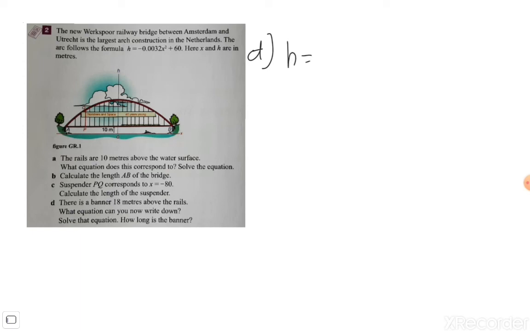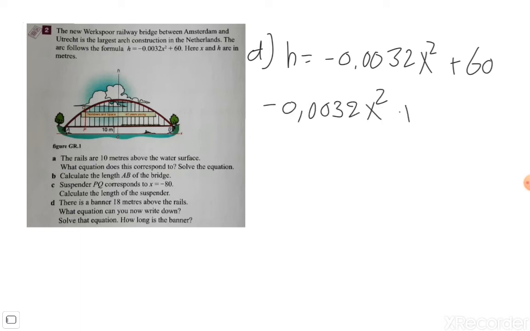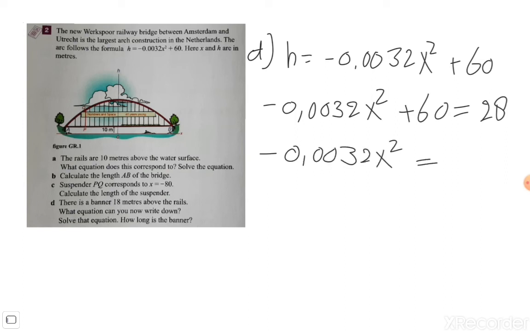h is equal to minus 0,0032x squared plus 60 needs to be, minus 0,0032x squared plus 60 is equal to not 18 but 28. So minus 0,0032x squared is equal to minus 32.